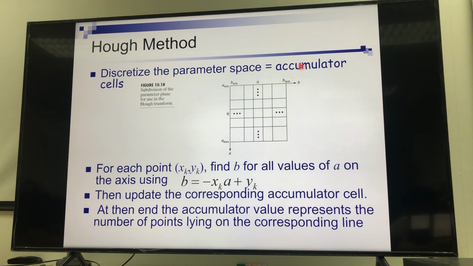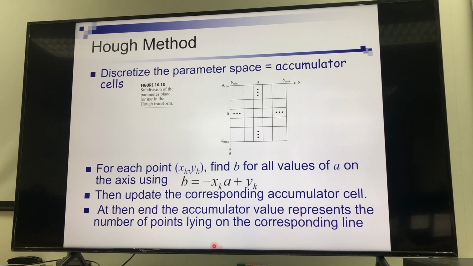Then you implement it in the digital world. You define b min, b max, and a min, a max. For each particular point xi, yi, xk, yk, you put it into this equation and plot these graphs. We call it the accumulator cell. At the end, you pick the one with the most values.